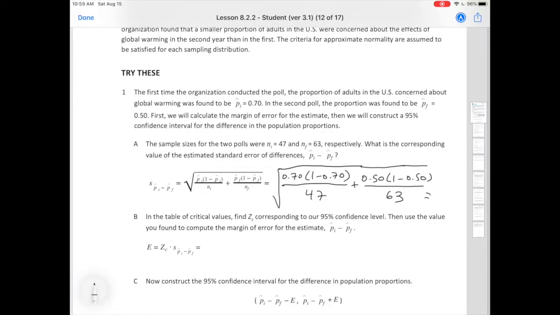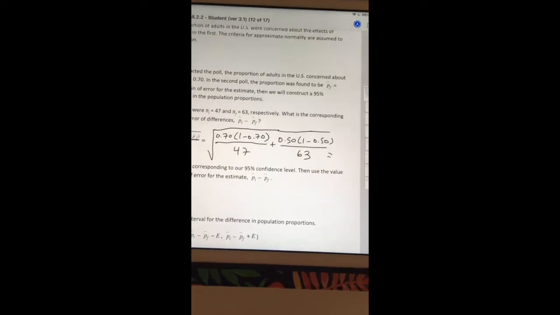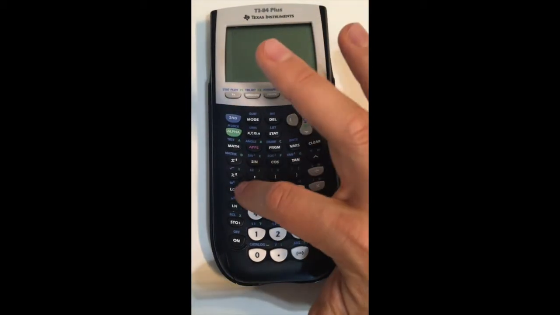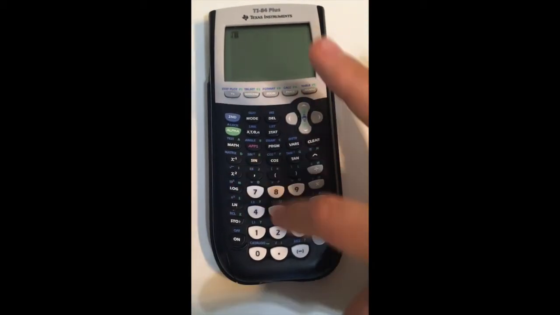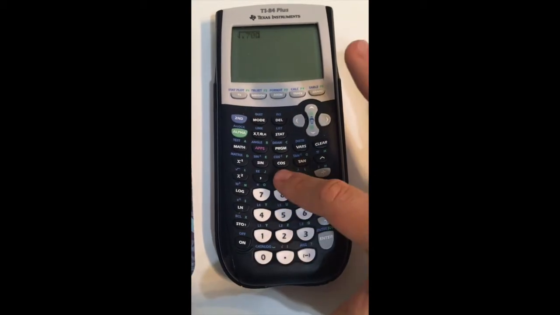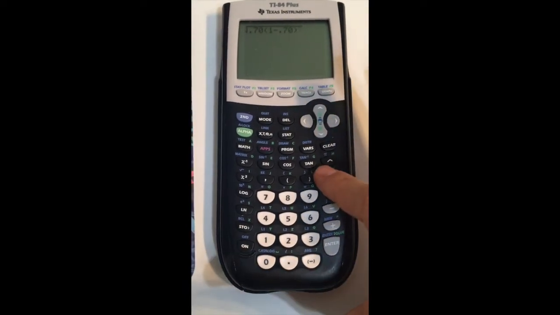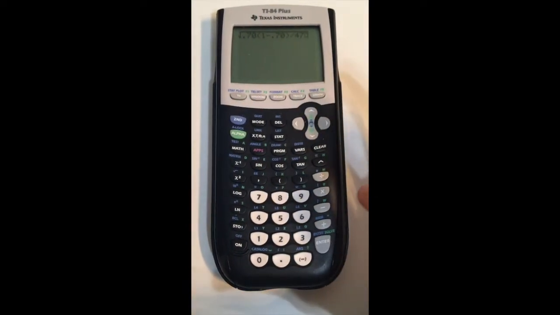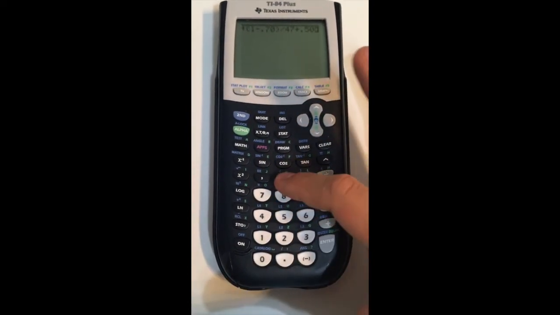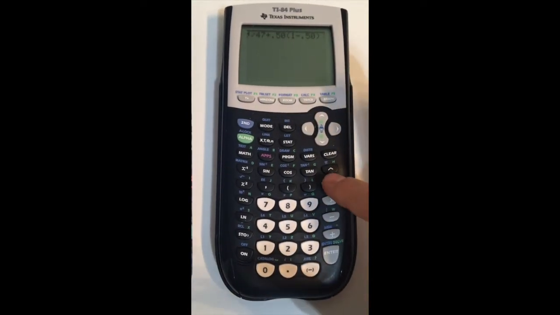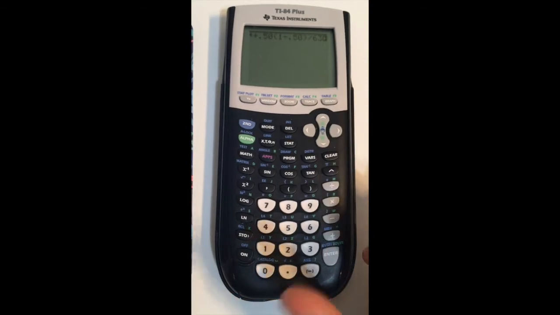What does this equal? I'm going to cut to the calculator so you can see what I enter and what we get. So I'm going to do second square root, and then I have 0.70 times 1 minus 0.70, close parentheses, divided by 47, plus 0.50 times 1 minus 0.50, close parentheses, divided by 63.